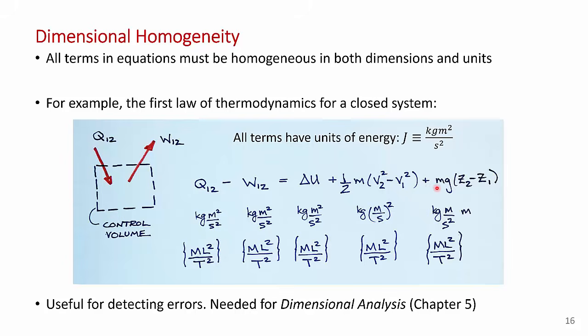And here's gravitational potential energy. mg is the weight of whatever you're raising through some distance. So kilogram, g is meters per second squared, and there's the height in meters. So you get kilograms meters squared per second squared. So you can see that each one of these terms has the same units and the same dimensions.